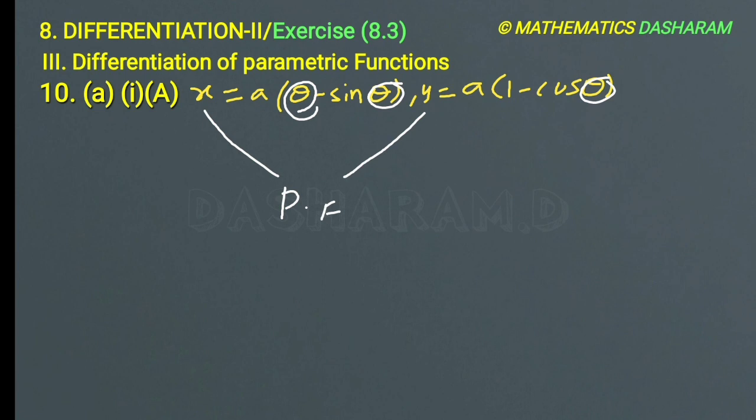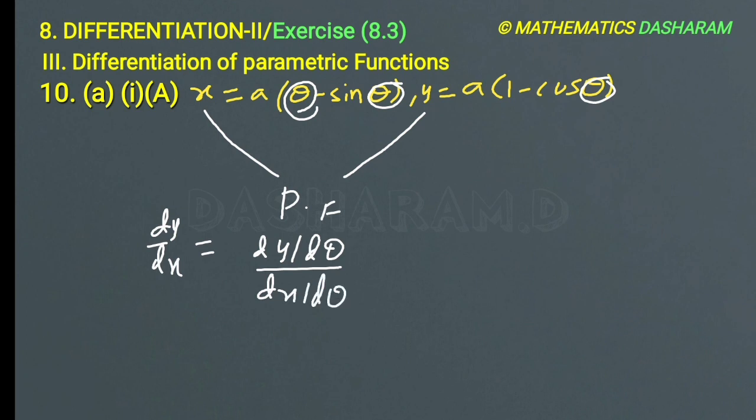So to find the dy by dx answer, dy by d theta divided by dx by d theta. That means do the derivative of the x function with respect to theta and the y function also with respect to theta. Then we will get our required answer.